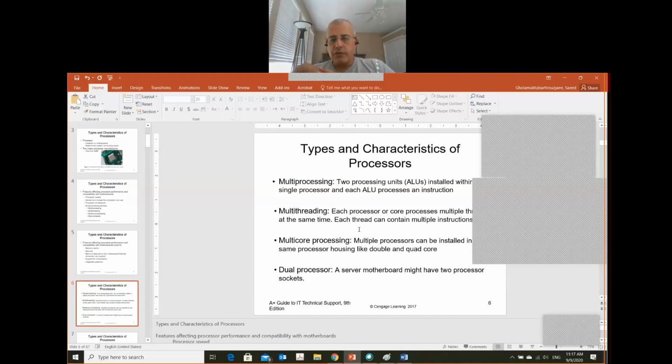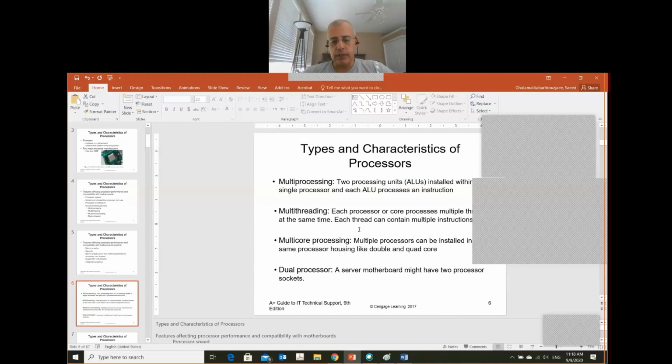So now, types and characteristics of a processor. A single processor is expected to receive and handle one process at a point in time. In order to improve its performance capability, we can run or execute multiple instructions.